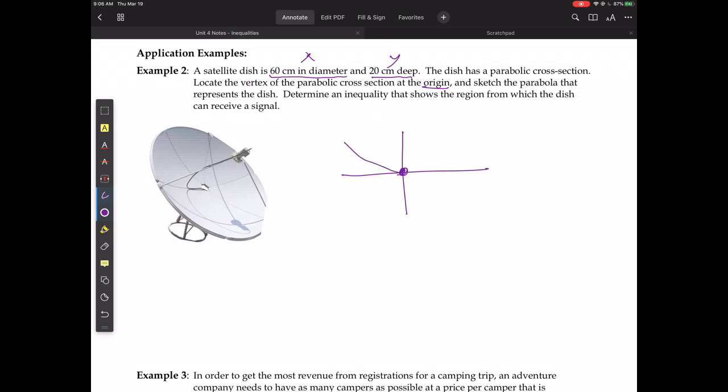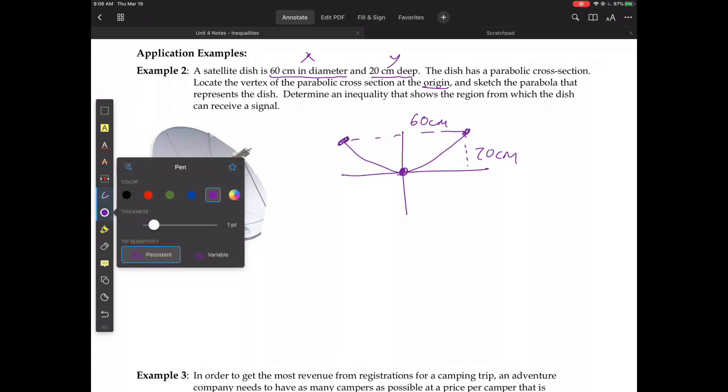Well, it's going to come down, it's going to come back up, and I know that this distance has to be a total of 60 centimeters, and this distance has to be a total of 20 centimeters, which means that I have 3 exact points that I can already see.